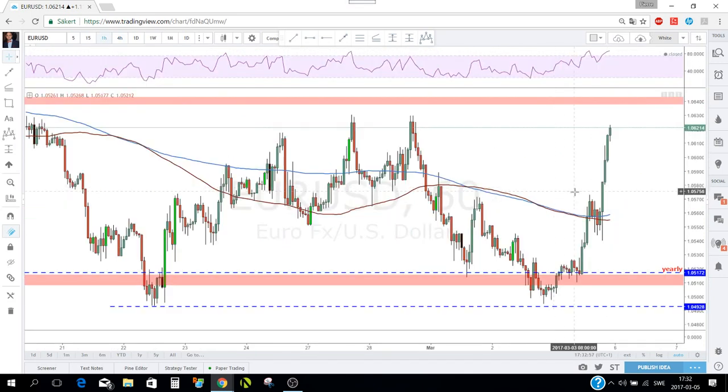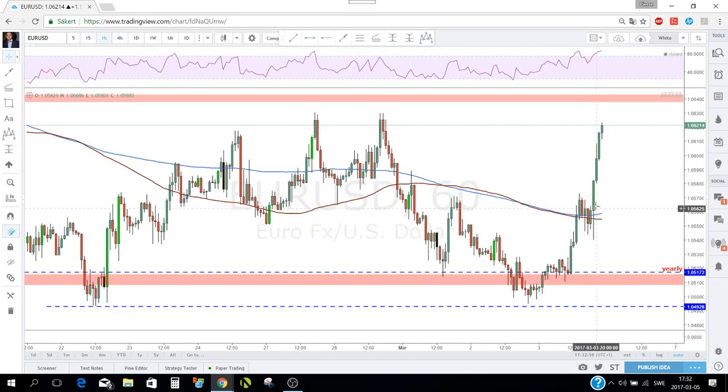The 1 hour is more ugly. As you see here, we got this flag, and price just went like a rocket from here, but we have very clear divergence also on this one.